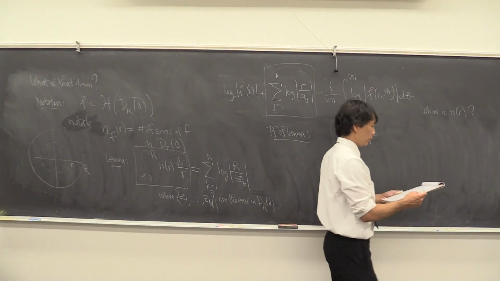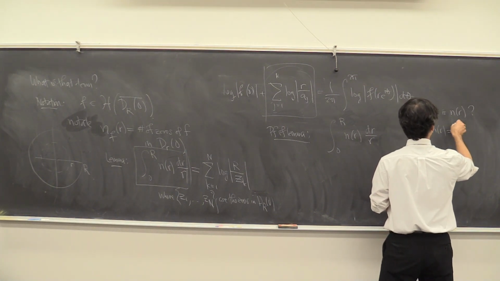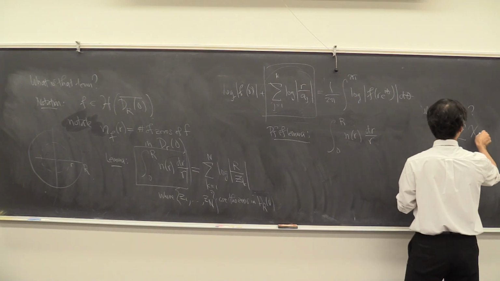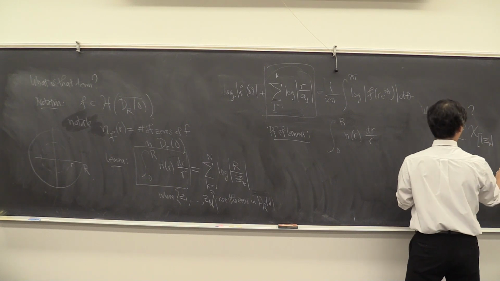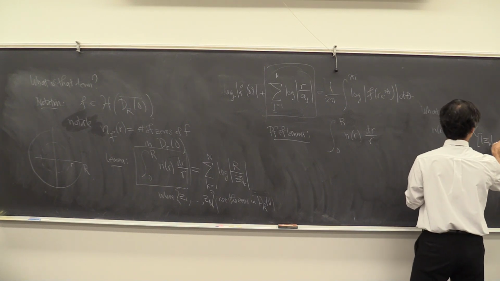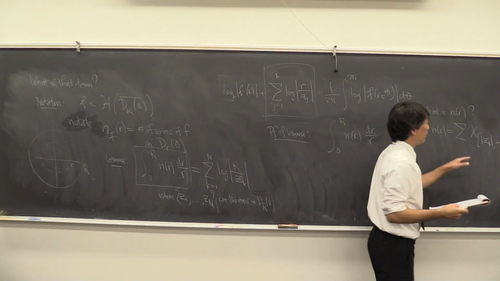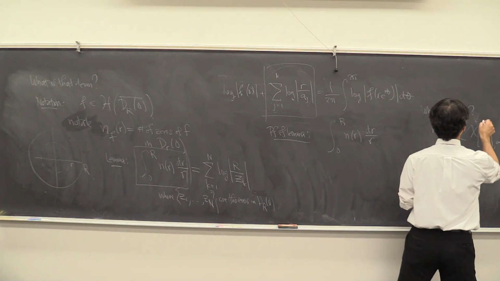One way of thinking about it is that n sub r is the sum of the characteristic function of the interval from the size of zk to infinity.